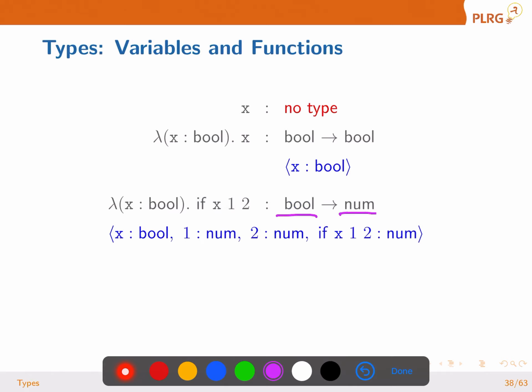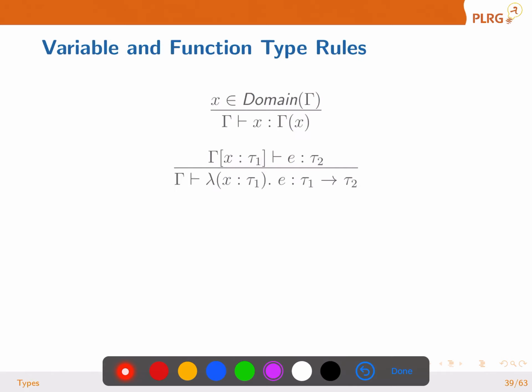That's good. Then let's generalize what we saw by now. When we have an identifier, what's the type of it? We need to look up the environment. That's why we need to extend the typing rule to have an environment, a type environment.